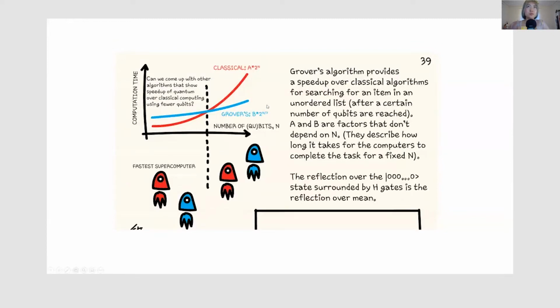And of course, we're still building quantum computers, and there are so many different types of architecture. So how much time running the algorithm once would take, we don't exactly know. And we don't exactly know how many qubits we would need to see this crossover. But we know that it's going to be a large number.